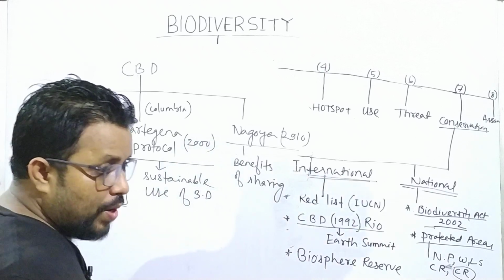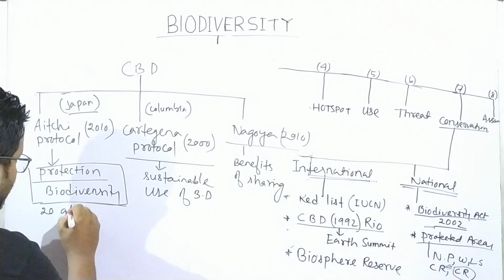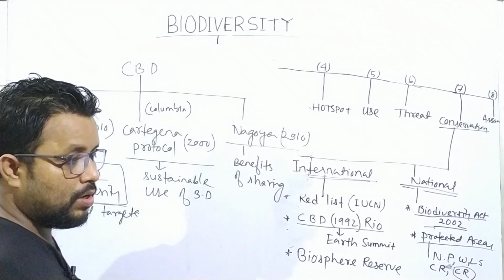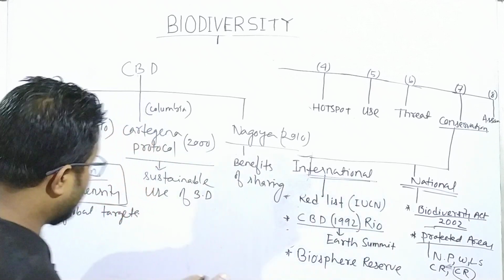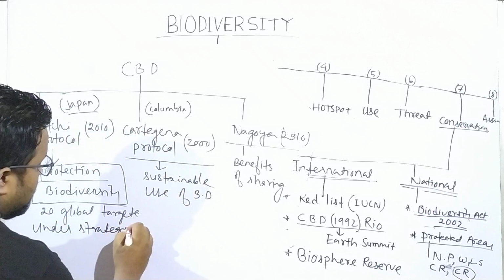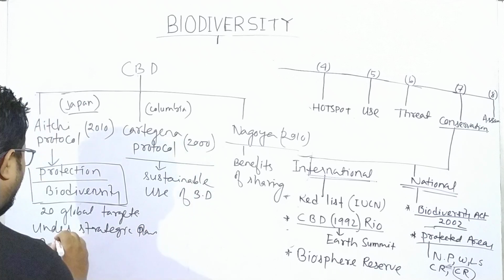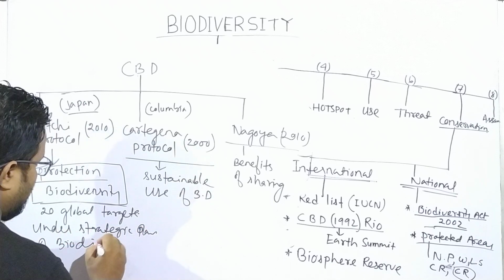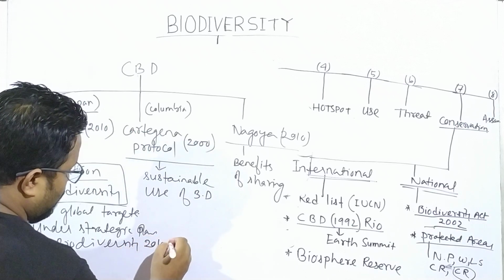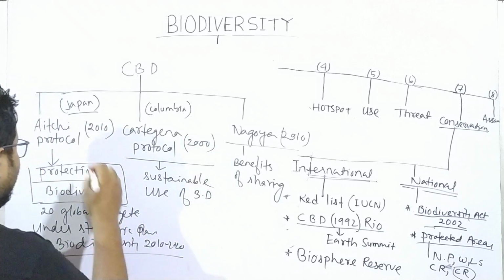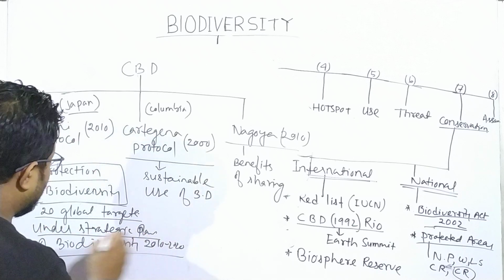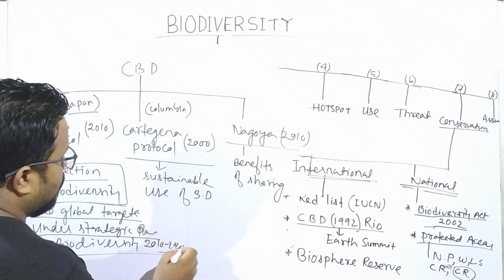It set up 20 global targets under the Strategic Plan for Biodiversity 2010 to 2020.